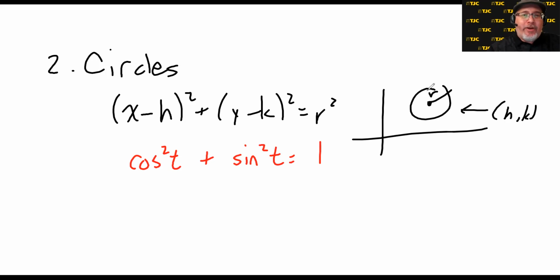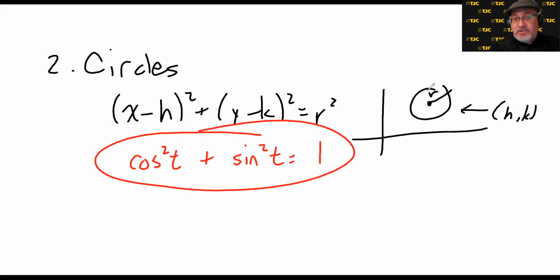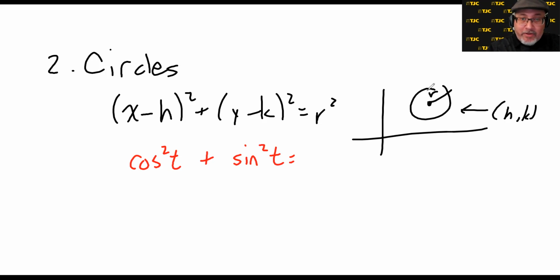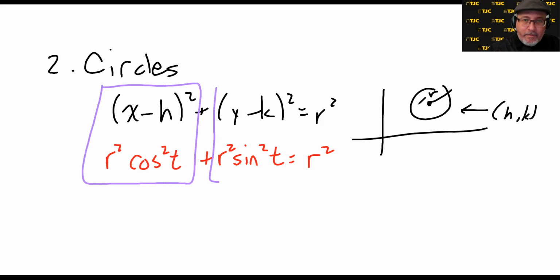The trick to getting the parameterization is to make the r squared match the 1. And the easiest way to do that is to multiply this whole equation on both sides by r squared. And if you do, that will give an r squared on the right and an r squared in front of both the cosine squared and sine squared on the left. And then you can just equate these and solve for x and y.